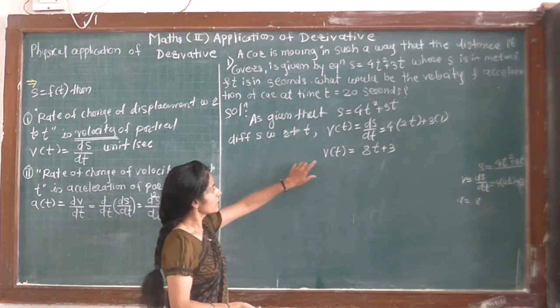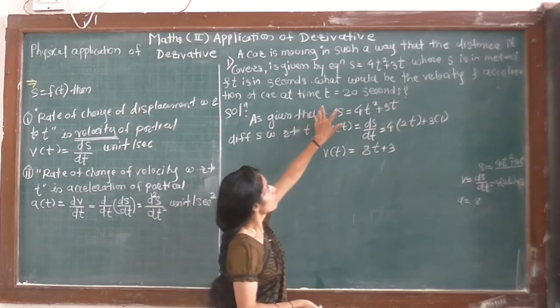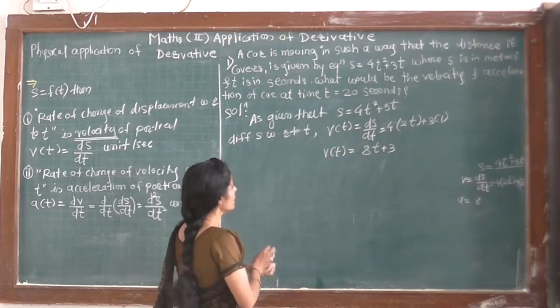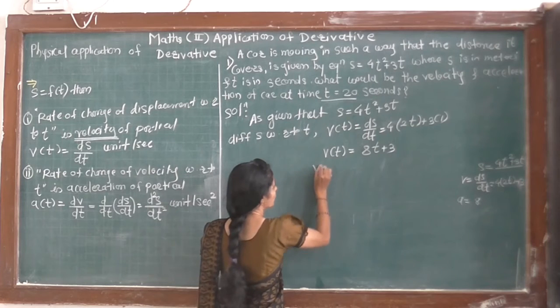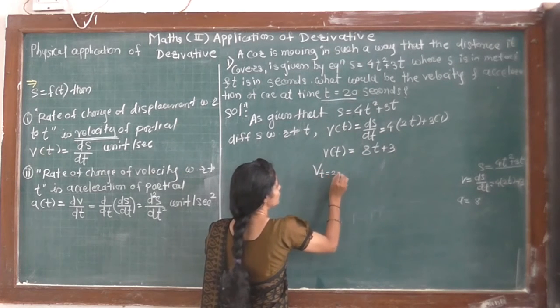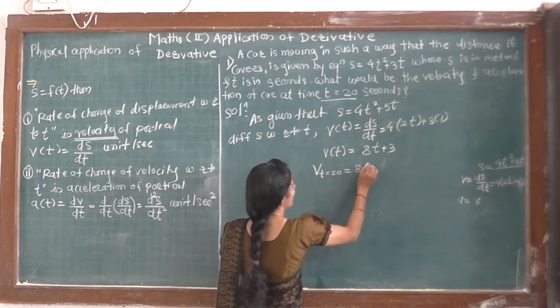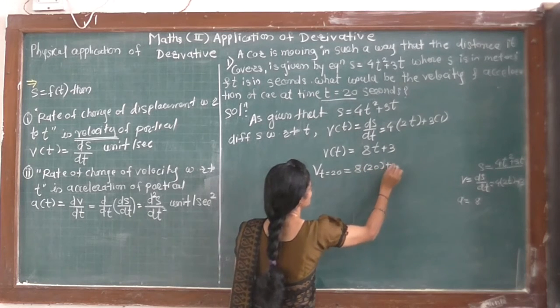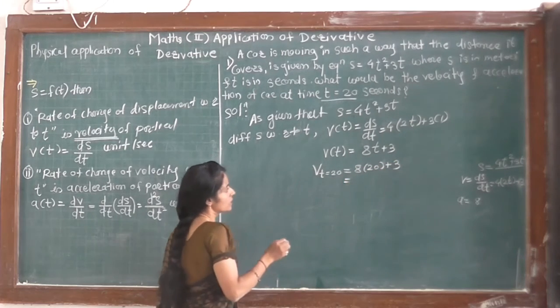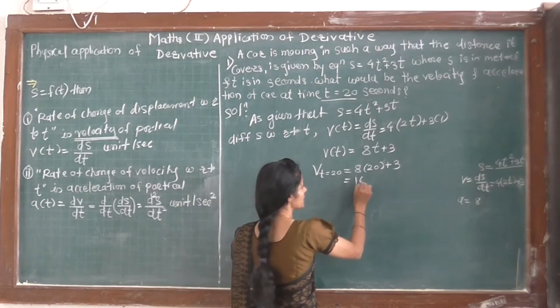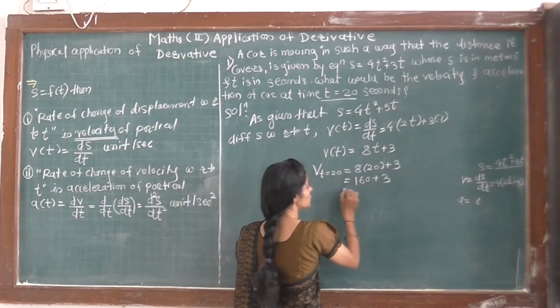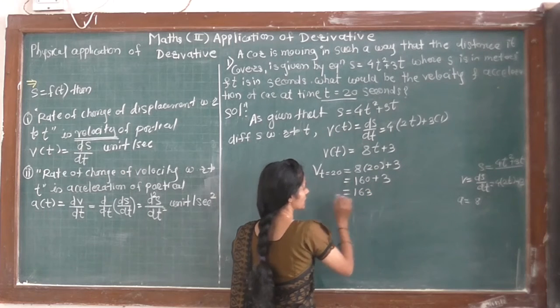But we have to find the velocity at t is equal to 20. So v at t is equal to 20 gives 8 into 20 plus 3. 8 twenties are 160 plus 3, so it gives 163.